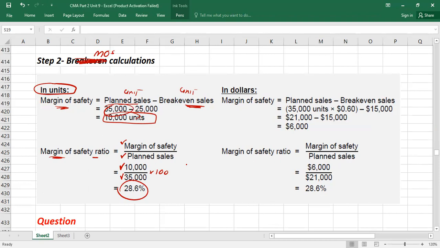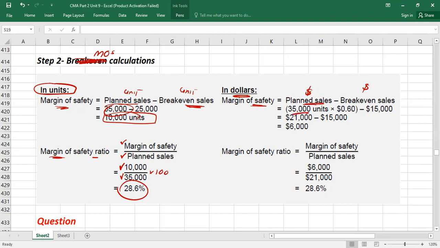Now, on the other hand, if you want to calculate margin of safety in dollars, first you need planned sales in dollars minus break-even sales in dollars. How can you calculate planned sales in dollars?